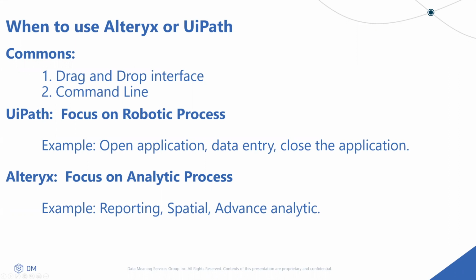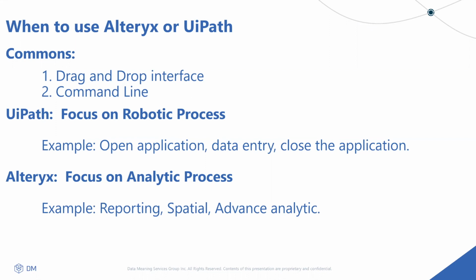Okay, so when we finish discussing the difference, if you leverage one use case using UiPath and another use case using Alteryx, you might be wondering how we can bring these two processes together. You don't want to manually run one workflow in Alteryx and one workflow in UiPath.